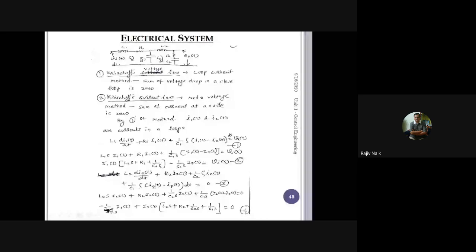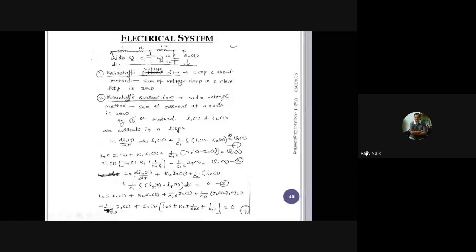The law governing that is Kirchhoff's voltage law. Remember that, because it states that the voltage drop in a closed loop is zero. That is, the voltage drop across this inductance plus the voltage drop across this resistance plus the voltage drop across this capacitance plus the supply voltage is equal to zero.